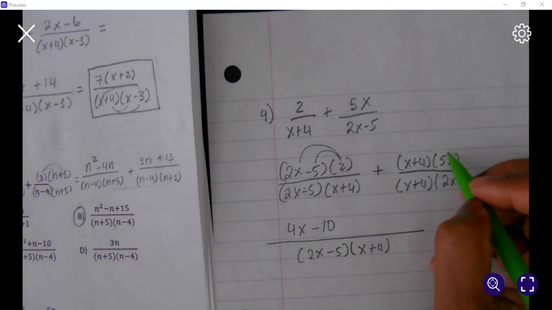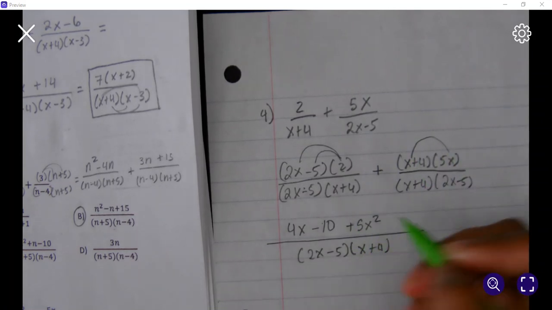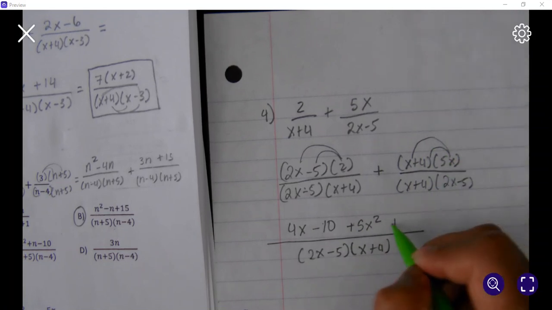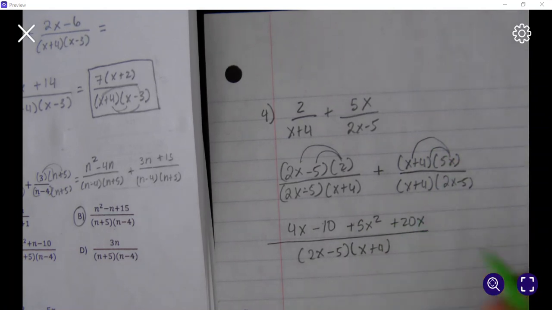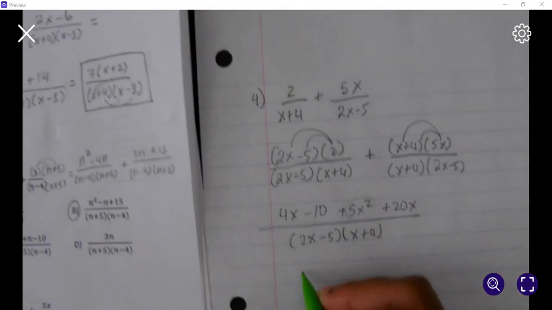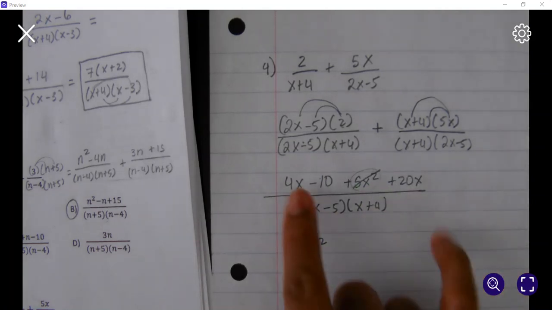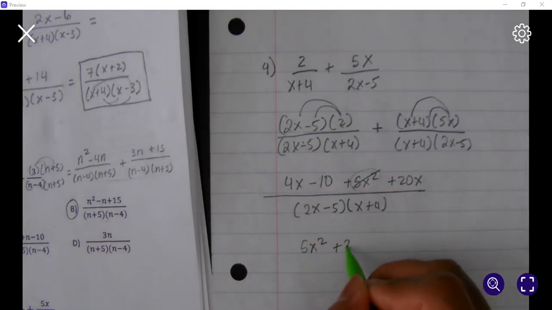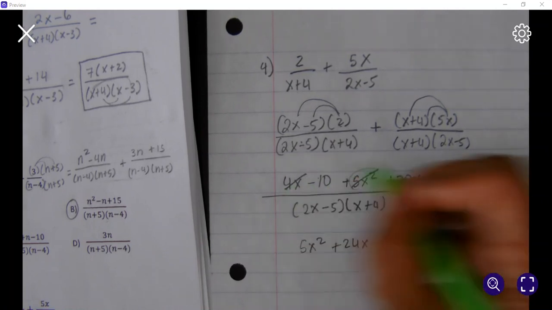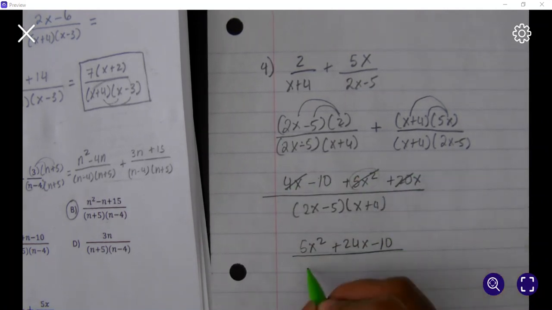And over here, 5x times x is 5x squared. 5x times 4 is 20x. Combine my like terms, and we like to write the x squared first, so we're going to write 5x squared. Put these two together, which is 24x, and then minus 10, and then you have all of this.